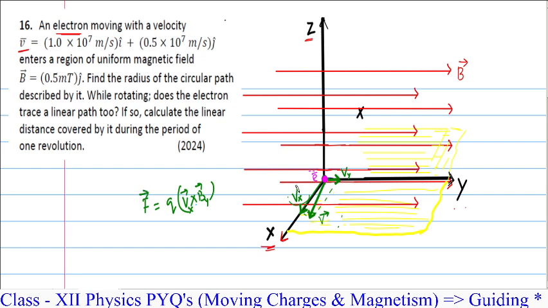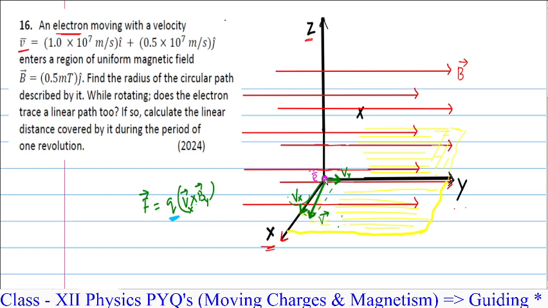The direction of force is given by the cross product rule. So what is the direction of force? We'll try to find that out first. If we move our fingers from the first vector, that is velocity, towards the magnetic field, then the thumb is pointing upward. If it were a positively charged particle, the direction of force would be along the positive z direction.